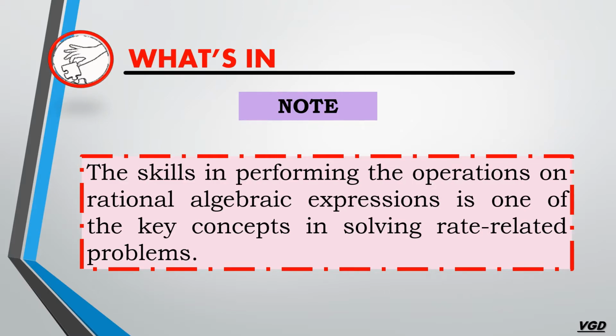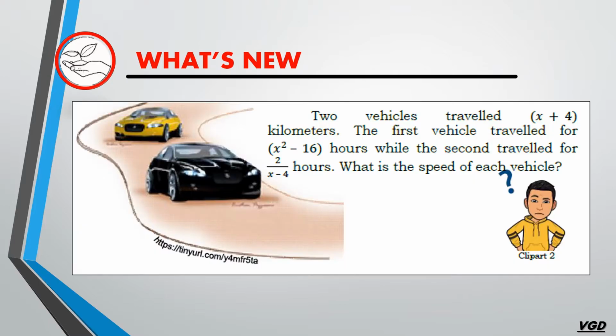Just take note that the skills in performing the operations on rational algebraic expressions is one of the key concepts in solving rate-related problems. And that is what we are going to have in this module. What's new? So let's take a look at this problem. Two vehicles traveled x plus 4 kilometers.